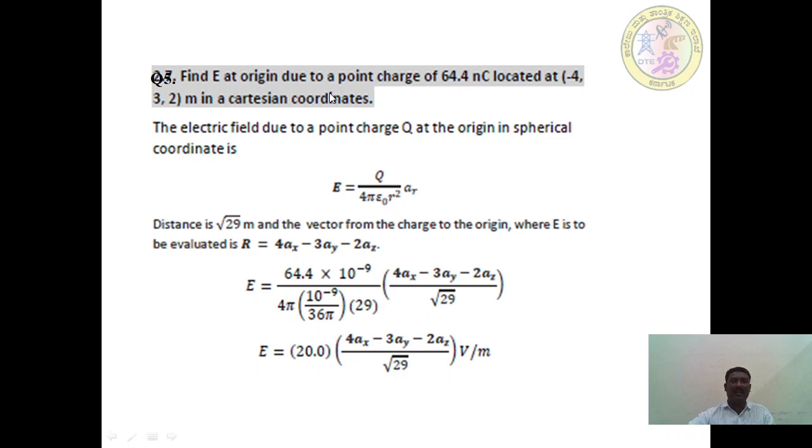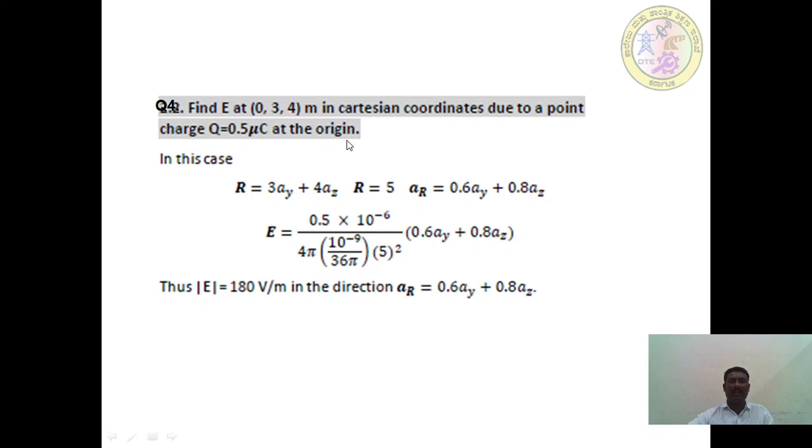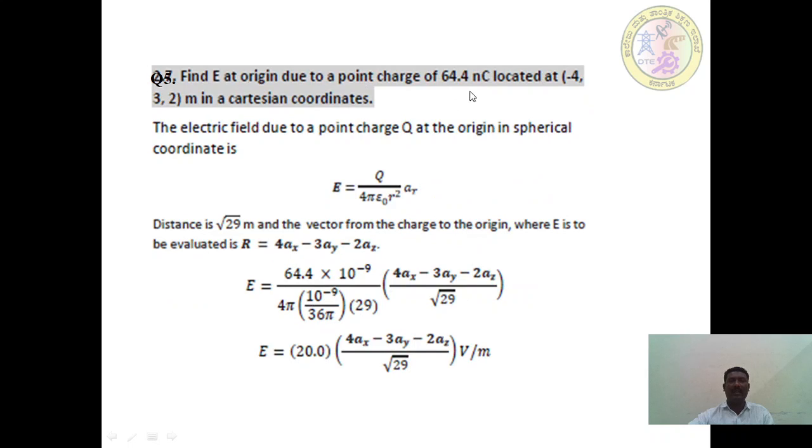Find E at the origin due to a point charge of 64.4 nanocoulomb located at (4, -3, -2) in Cartesian coordinates. Similar values, only Q is changed and the point is changed.